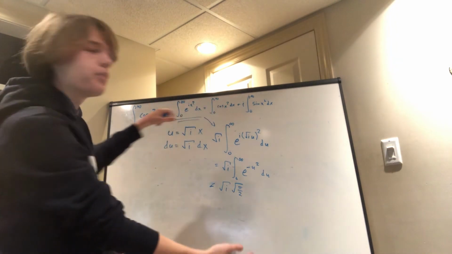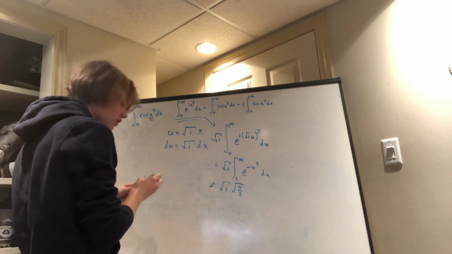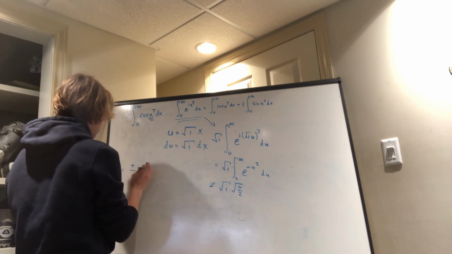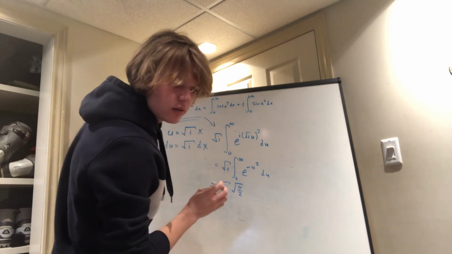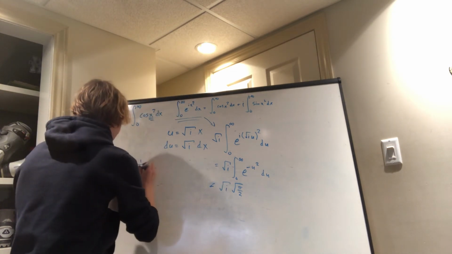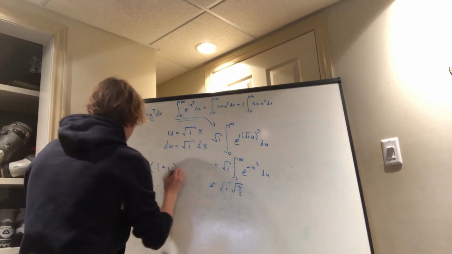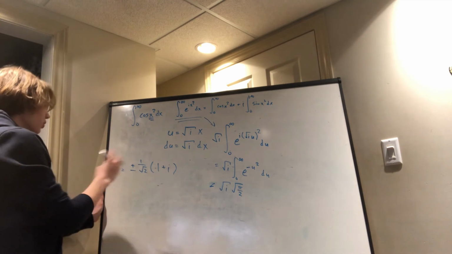Now, what is the square root of i? Square root of i equals plus or minus, what is it? 1 over square root 2 times 1 plus i. And we can prove that if we square both sides.